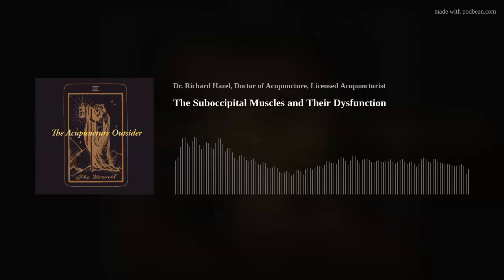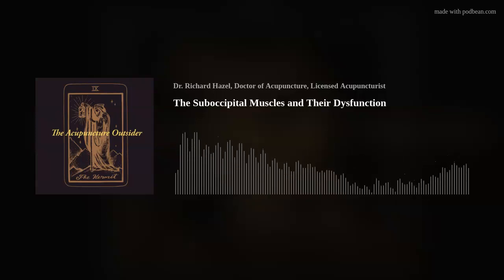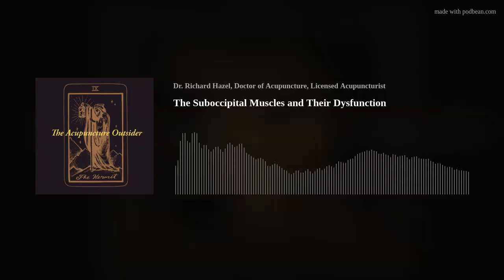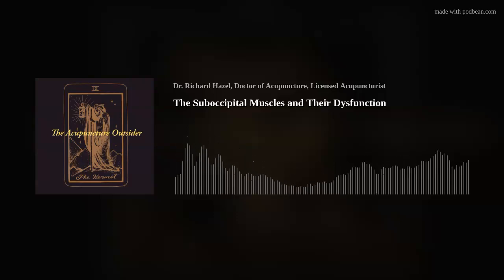Whereas something different like the gluteus maximus or the upper trapezius, they saw like 1 or 2 muscle spindles per gram of muscle tissue. So it's a huge, huge amount of muscle spindles in the suboccipital muscles.